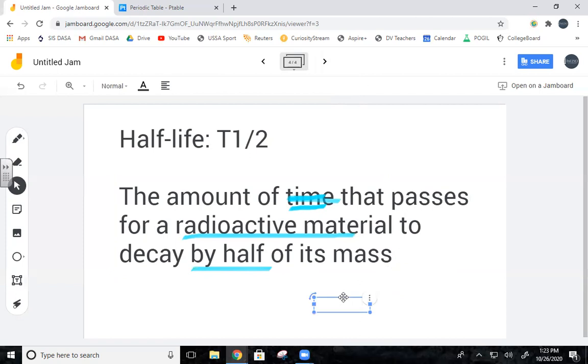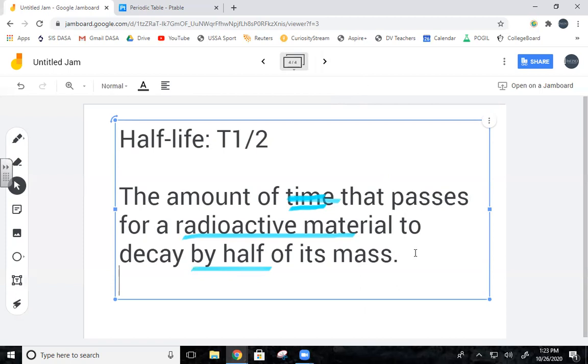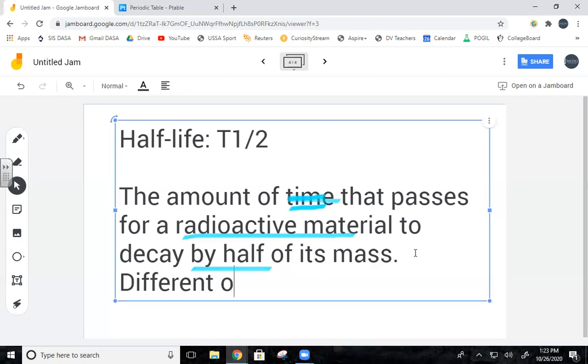There are multiple radioactive materials at Chernobyl, yes, that will not be non-radioactive for a very long time. And this is different for each type of radioactive material.